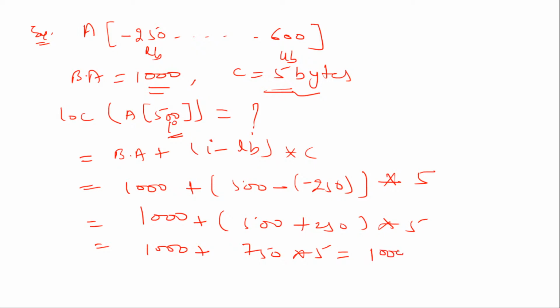So it would be 1000 plus 3750, which is 4750.